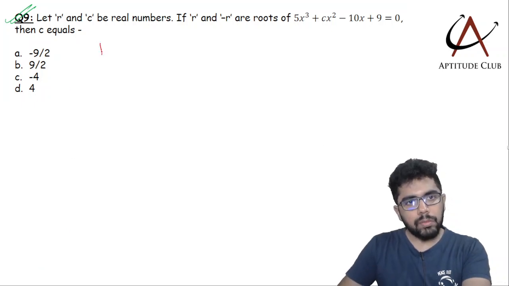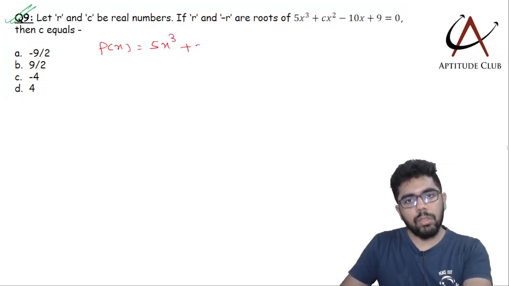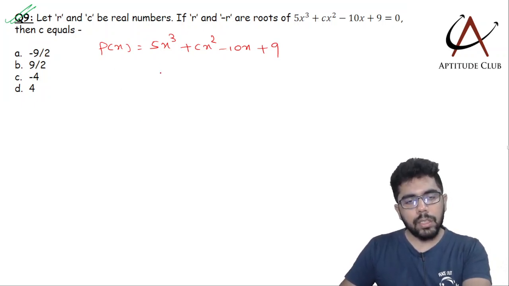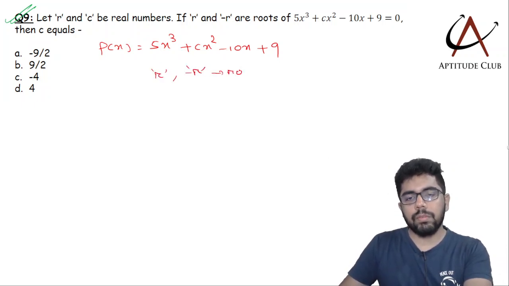Here the polynomial given to us, p of x, it is 5x cube plus cx square minus 10x plus 9. R and C are real numbers. Here it is saying R and minus R are the roots.